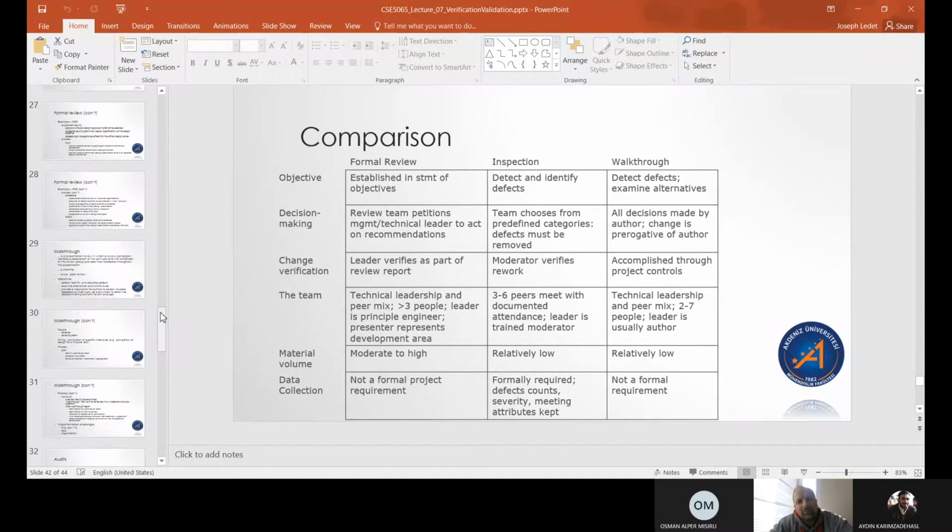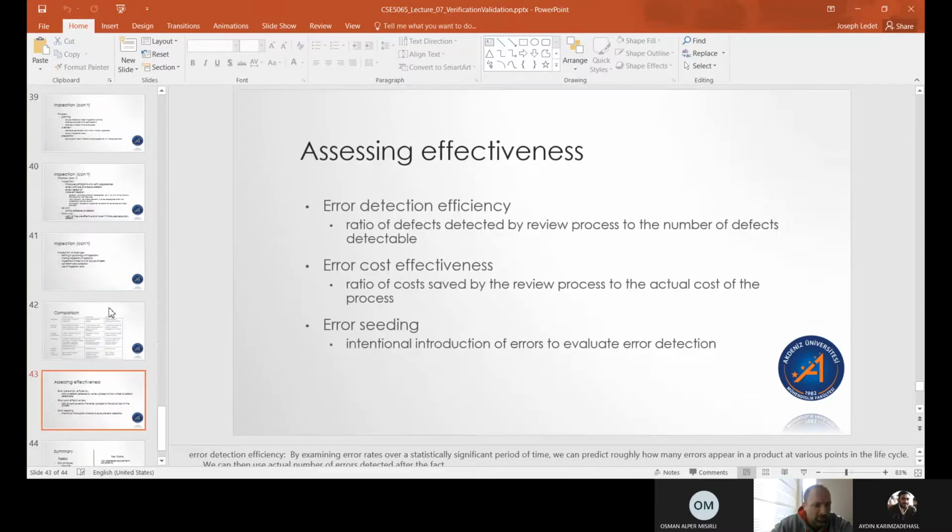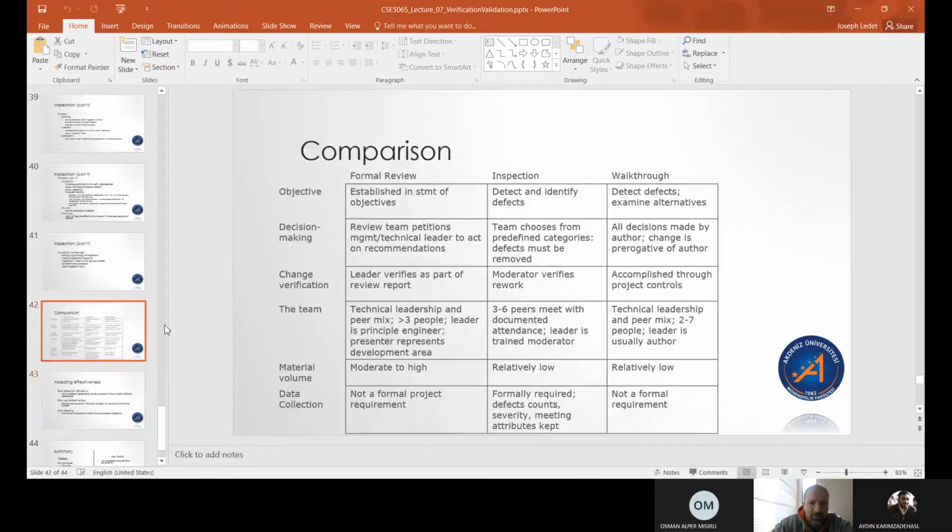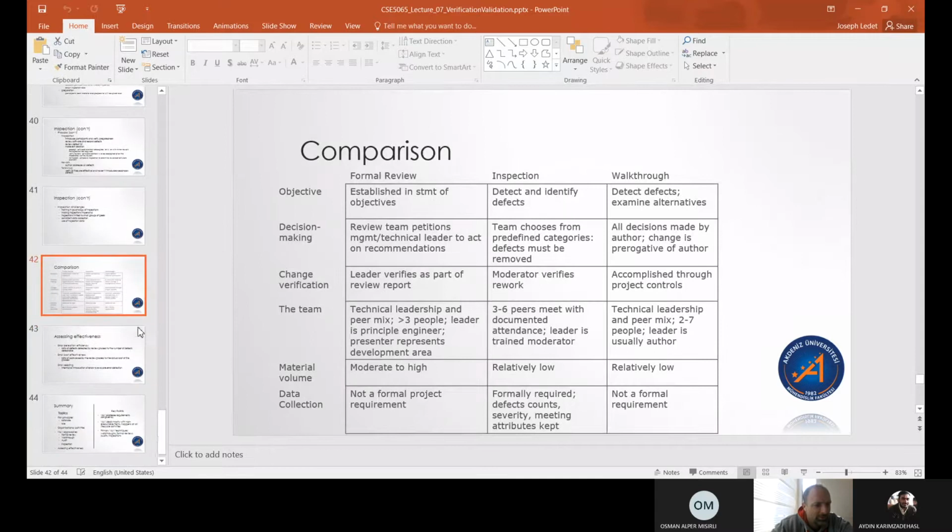We also have to identify those that are actually going to result in an error, where a user or a customer would actually see a problem. So this is some of the comparison of how those would work in a V&V format.